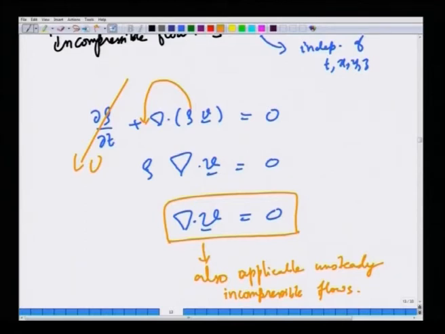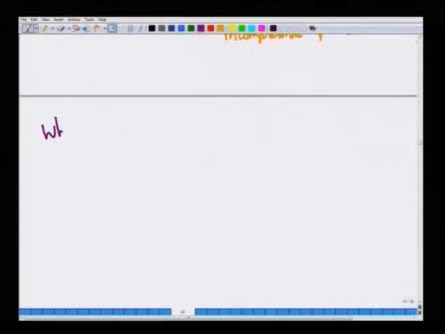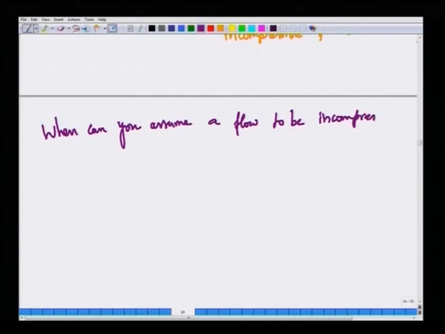So, the question that naturally comes to mind therefore is, when can you assume a flow to be incompressible? Because we just said that in general there will be pressure variations in the flow. So, when can those pressure variations be small enough that density does not change?